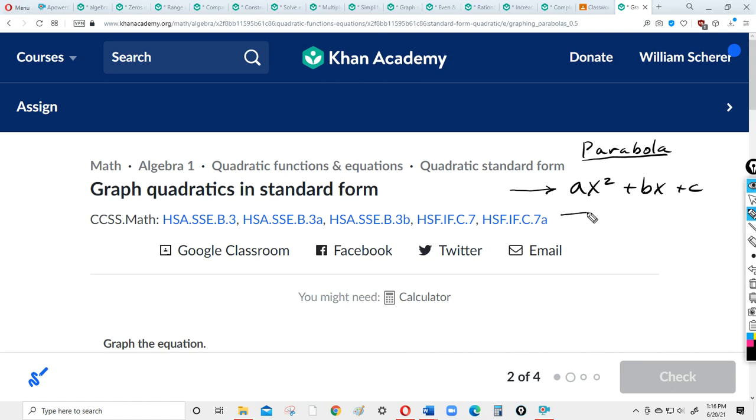And if a is positive, the parabola opens up. If a is negative, the parabola opens down.